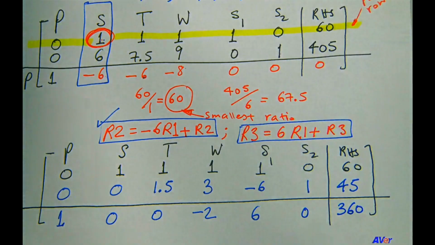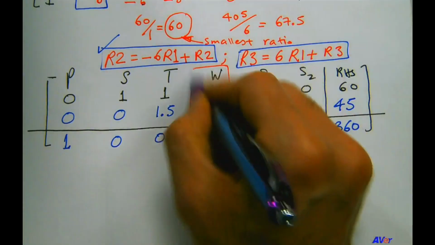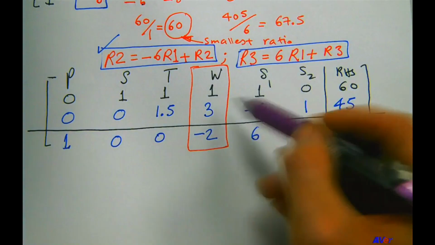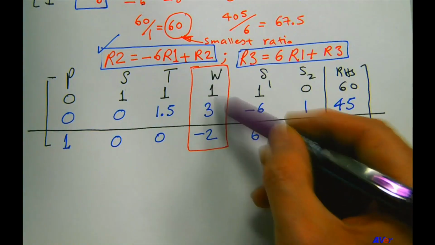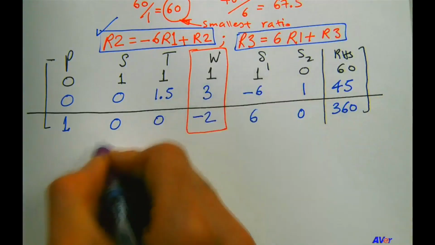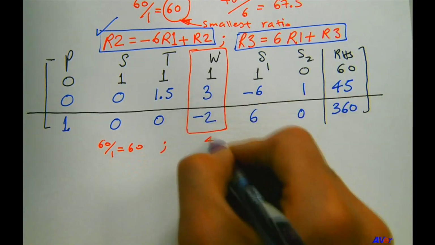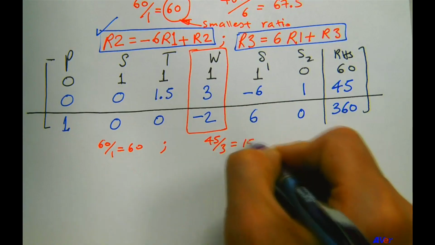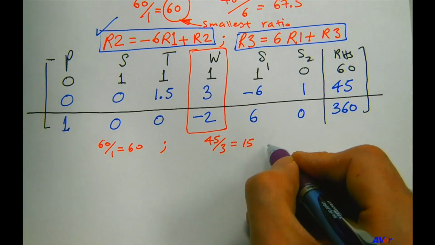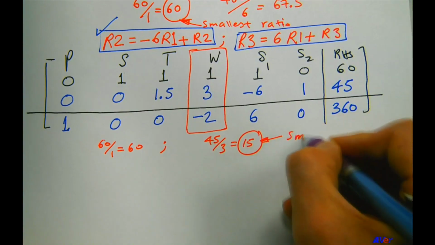So are we done? No, we're not done, right? We still have this negative number in the objective row. So our new pivot column becomes this. And in that column, both numbers above the negative number are positive. So we need to investigate the smallest ratio. So 60 divided by 1, 45 divided by 3, and so 15 is definitely the smallest ratio.